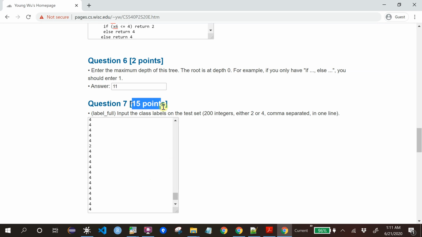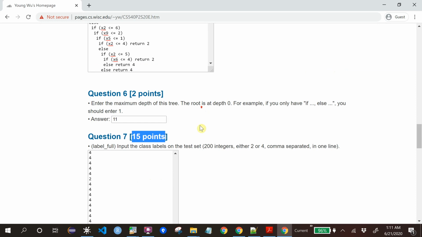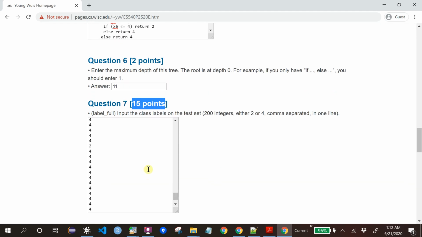Here it's 15 points because I'm checking two things. First, I'm going to parse the tree that you entered, and check if your tree generates these labels on the test set. That's consistency. If you enter a tree with just if and else, and then suddenly enter the correct labels, you'll get 0 because they were not generated by your tree. The second thing is checking for accuracy.